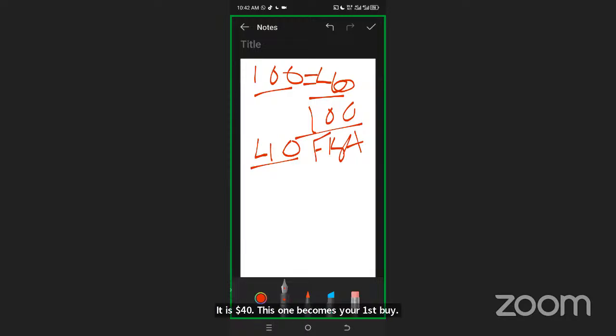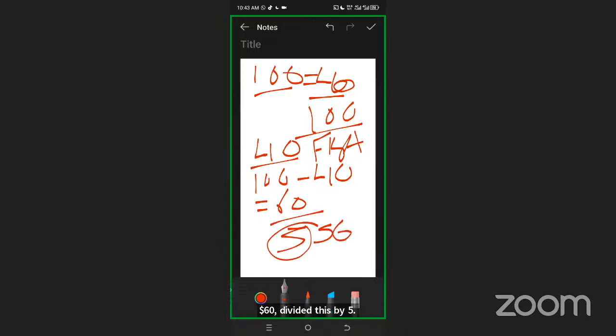Now, 100 minus 40, you have remained with $60. Divide this by 5. 60 divided by 5, you are getting 12. Then 12 minus 1, you are getting 11 margin calls.